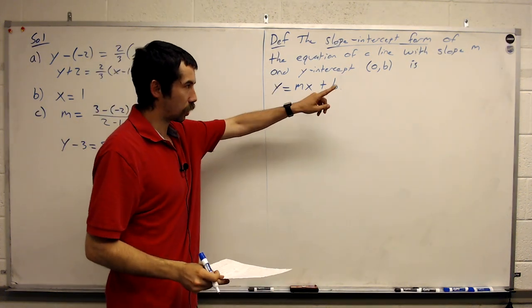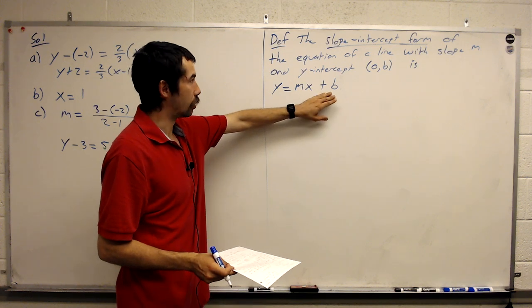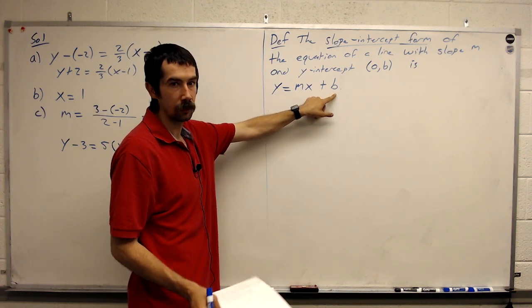Okay, so if you know the slope and you know the y-intercept, you could just write the equation of the line like this, y equals mx plus b.